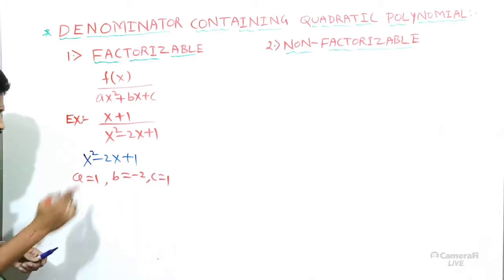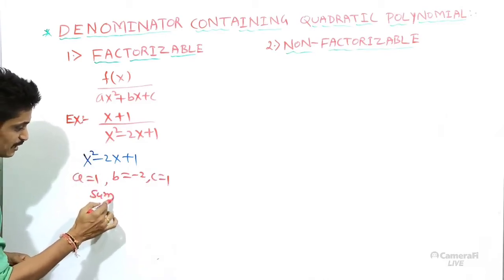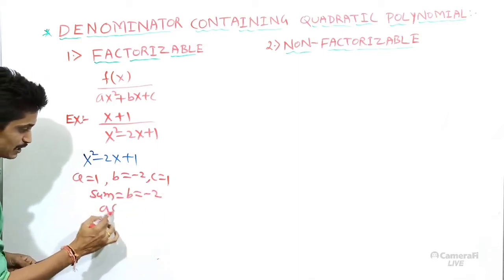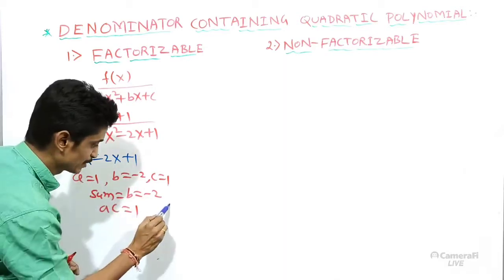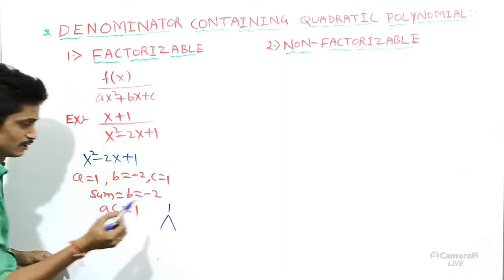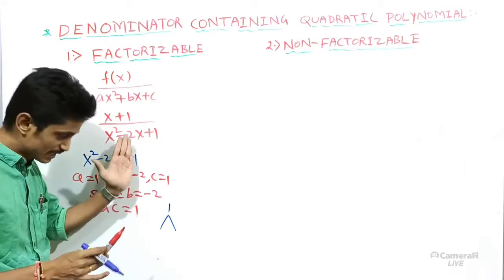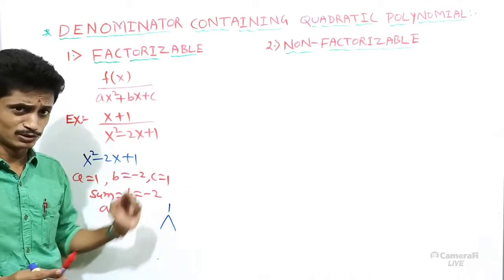The same thing: the sum should equal b, which is minus 2, and the product ac is 1 into 1, which is 1. To split 1, as I suggested, to get the factors, on one side you take the natural numbers 1, 2, 3 and so on.